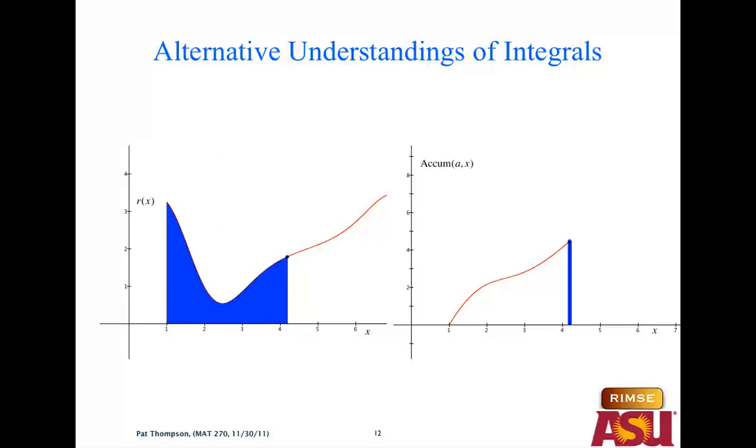Let's go back to this picture here, right? So here's our curve for which the integral from 1 to x of R(t) dt finds the area between what? A rate or an accumulation? A rate, right? So this is the rate function.